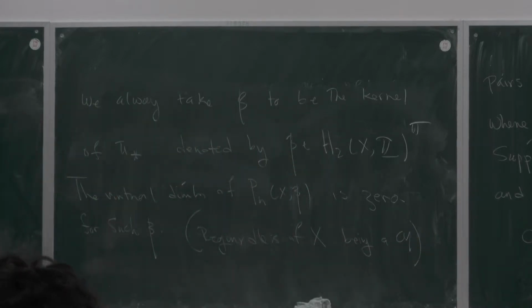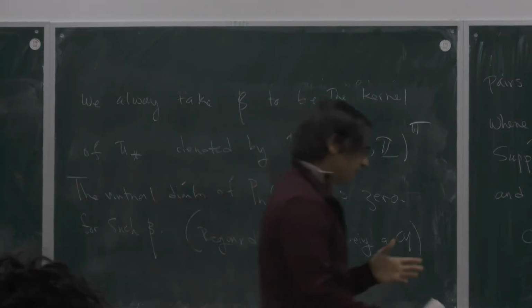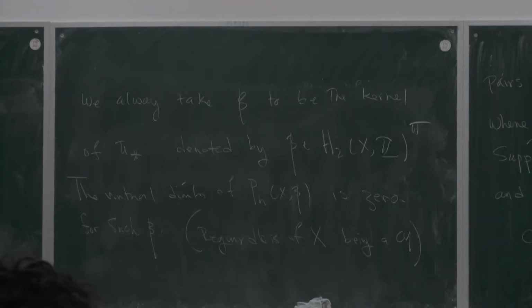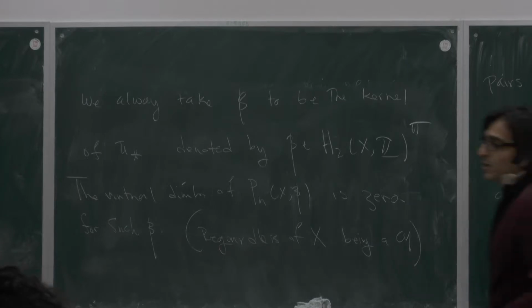Often the virtual dimension 0 property comes from seriality. The virtual dimension is, roughly speaking, the difference of the dimensions of deformations and obstructions to those deformations of the points of the moduli.